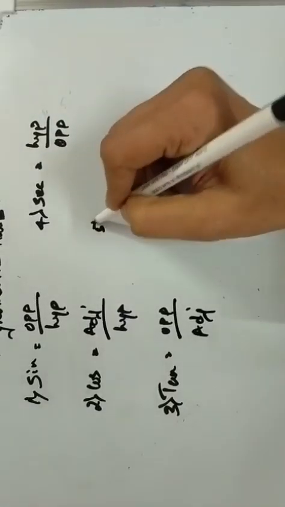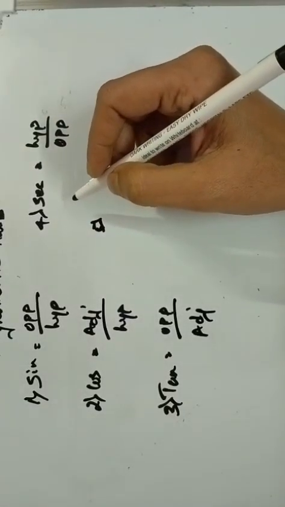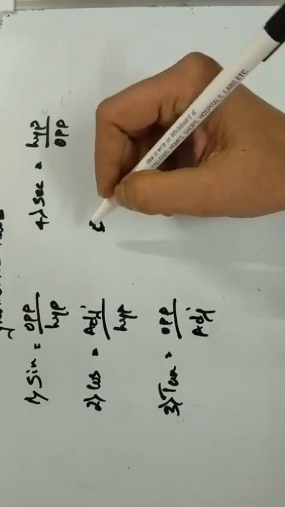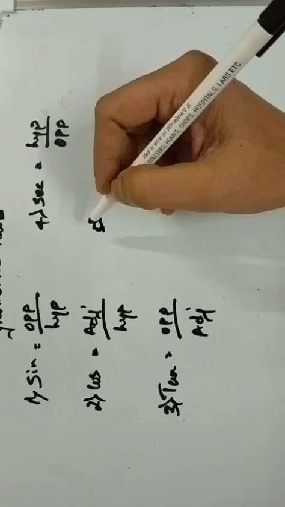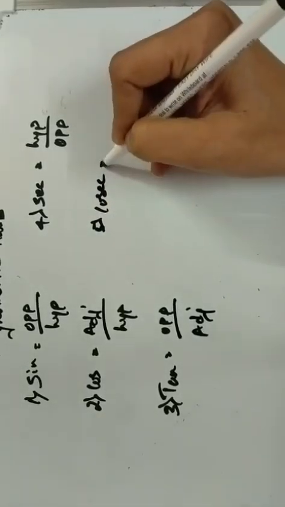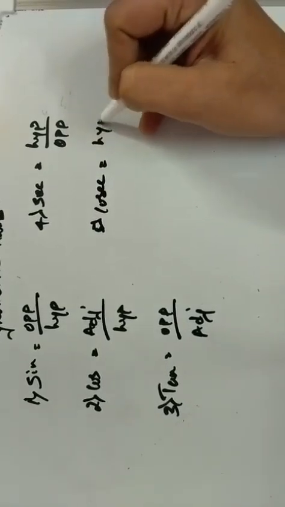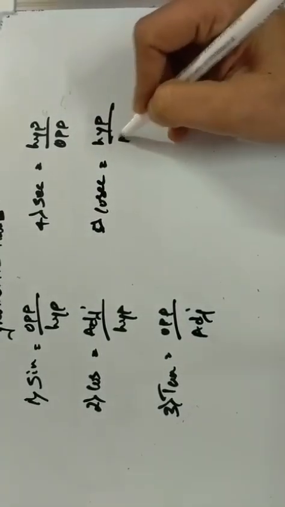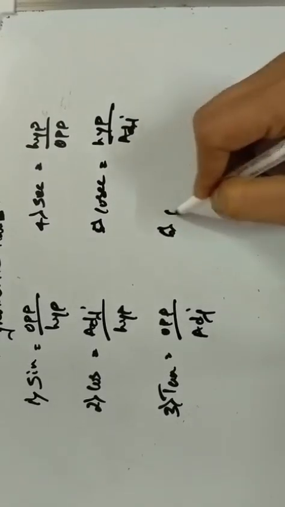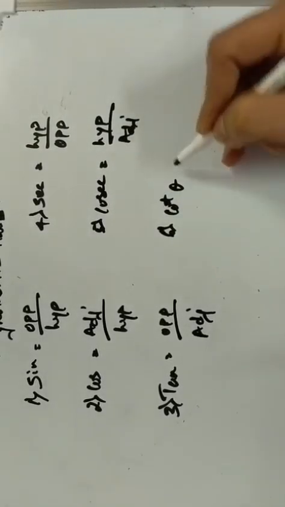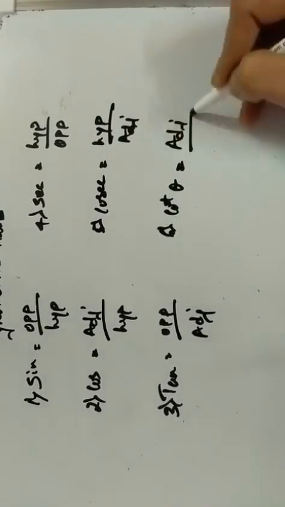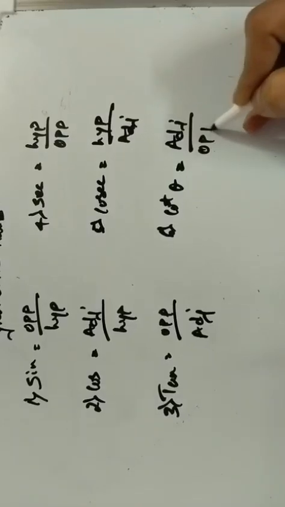The fifth one is the inverse of cos theta, that is secant theta, that is hypotenuse by adjacent. And the sixth one is cot theta, that is adjacent by opposite.